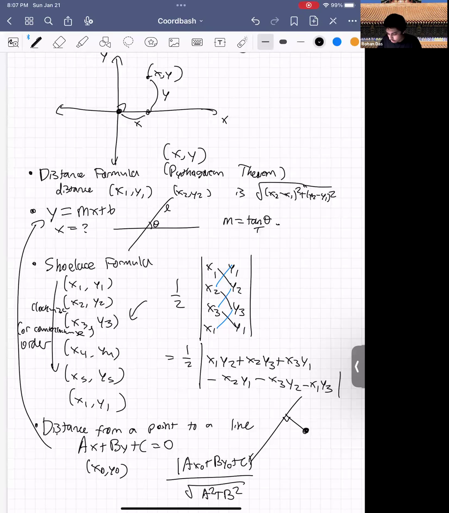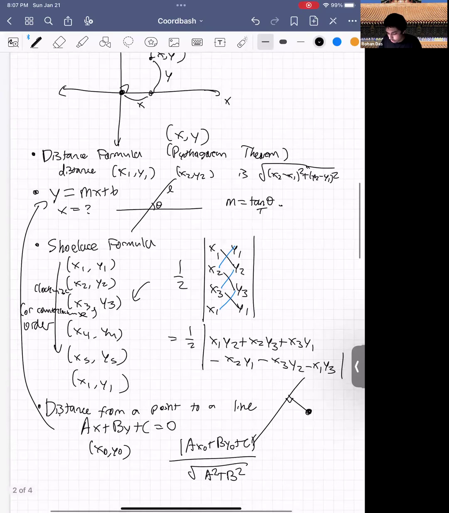And this is tricky to remember. When I first learned this, I kept confusing myself about whether the denominator was the square root of a squared plus b squared or the square root of x0 squared plus y0 squared. So I don't think this formula is too useful, although it may have some applications.